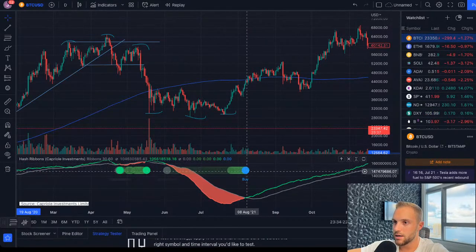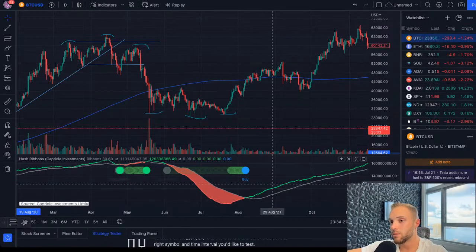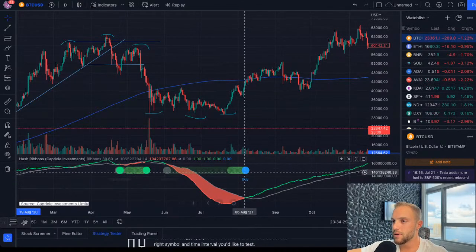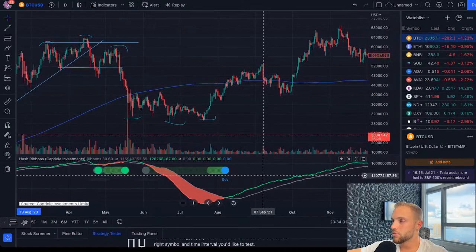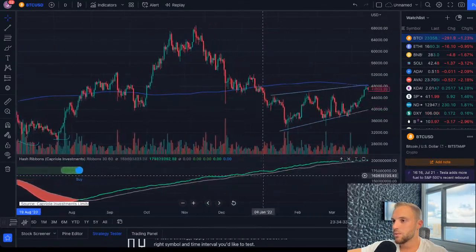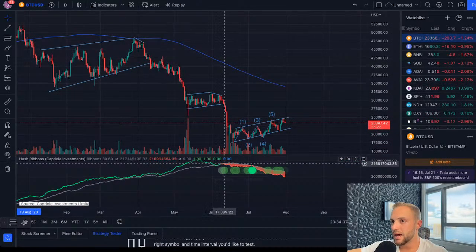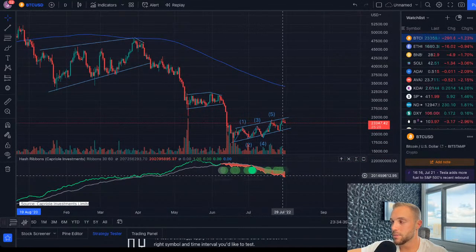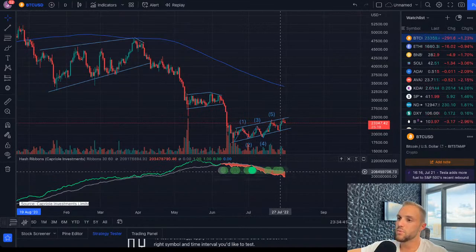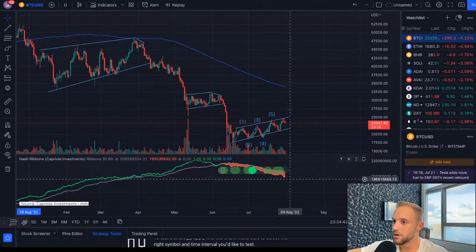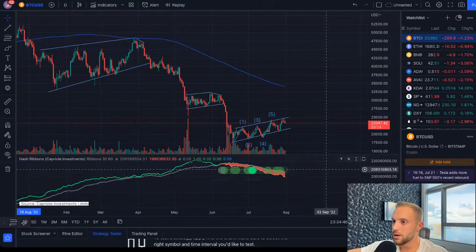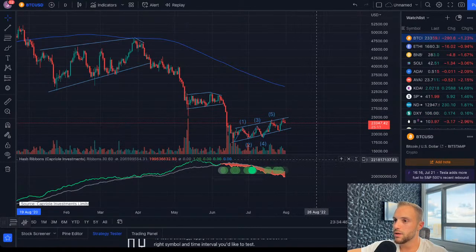You see some green. Once the terahash rate actually starts to go up, and people start to mine more and more and more, then it prints a buy signal, because typically the price fluctuates with how many people are mining on the network. So when you see the network coming down because miners are capitulating, you'll see once this actually reverses and the terahash starts to come back up on the network, it'll print a buy signal.